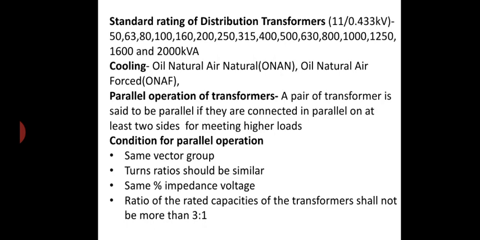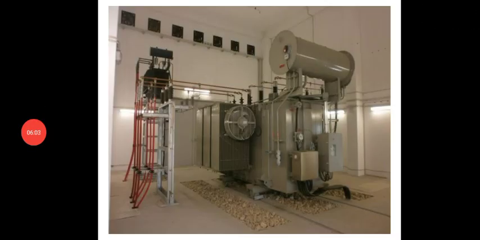See here, in this type of transformer we are putting a fan. That is oil natural air forced type of cooling. Like this we can also employ the cooling system.